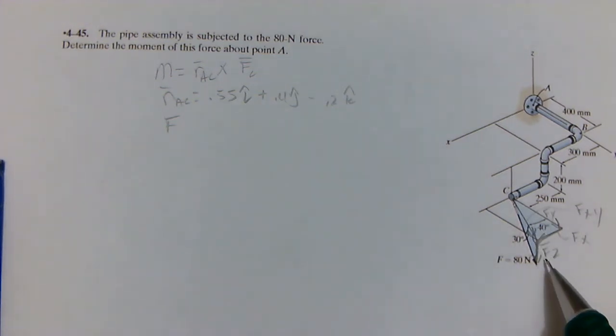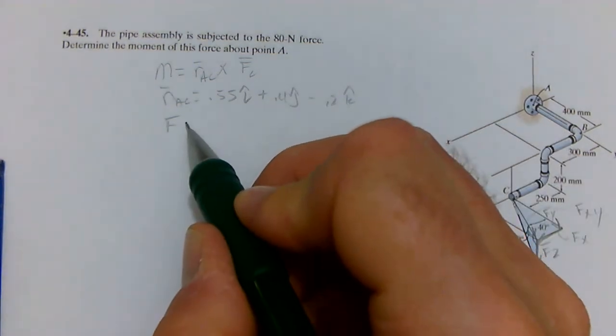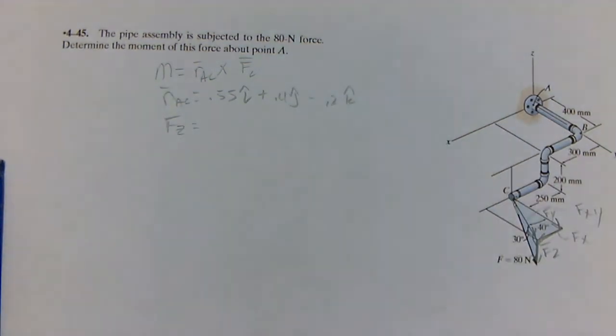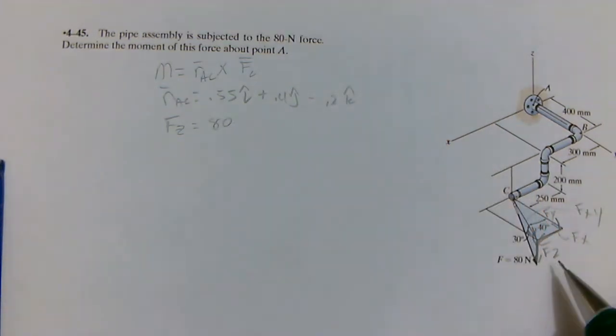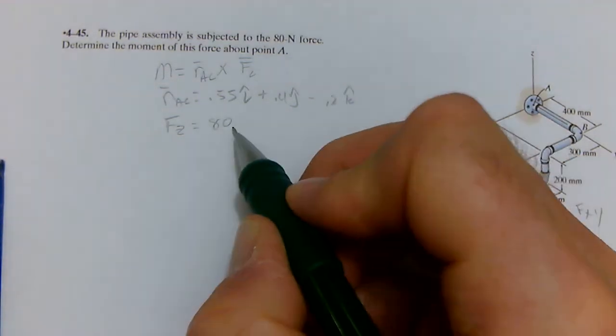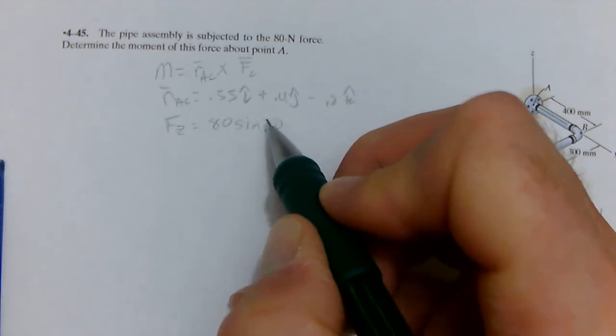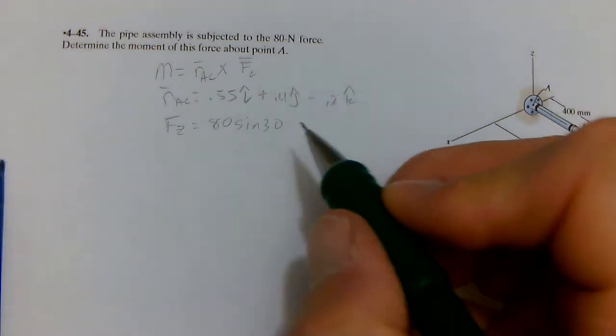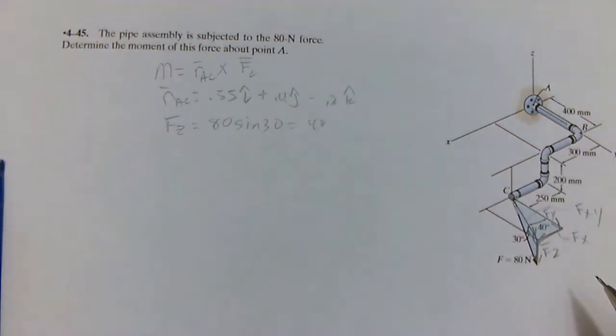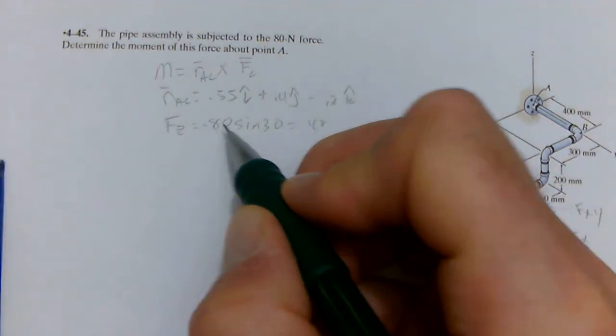So let's find Fz first. So Fz is going to be 80, and this is sine, so sine 30. And that equals 40, but I should have said that's going down, so that's in the negative direction.